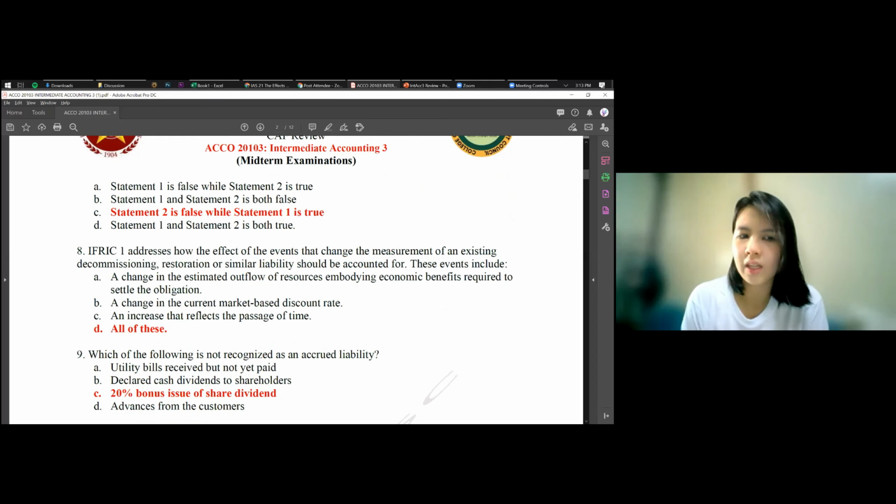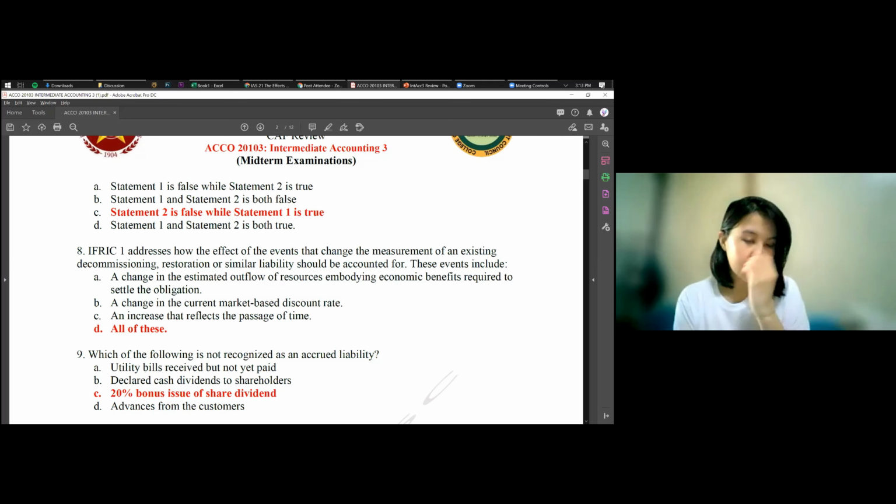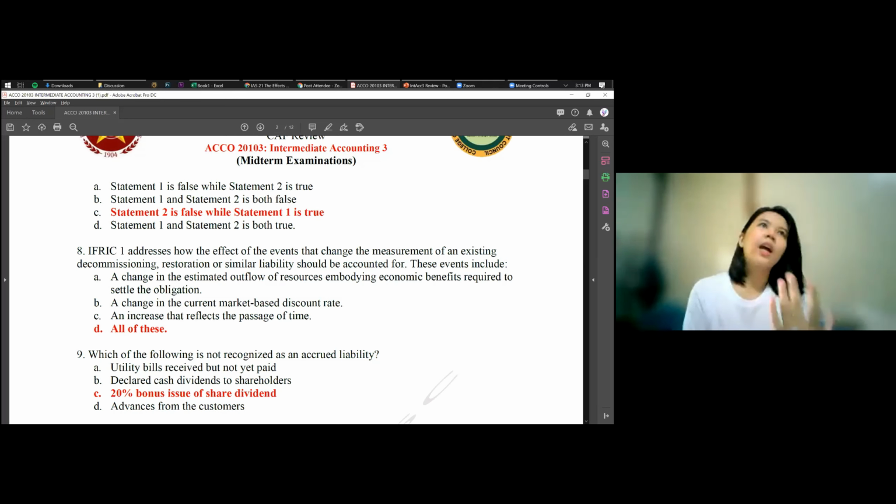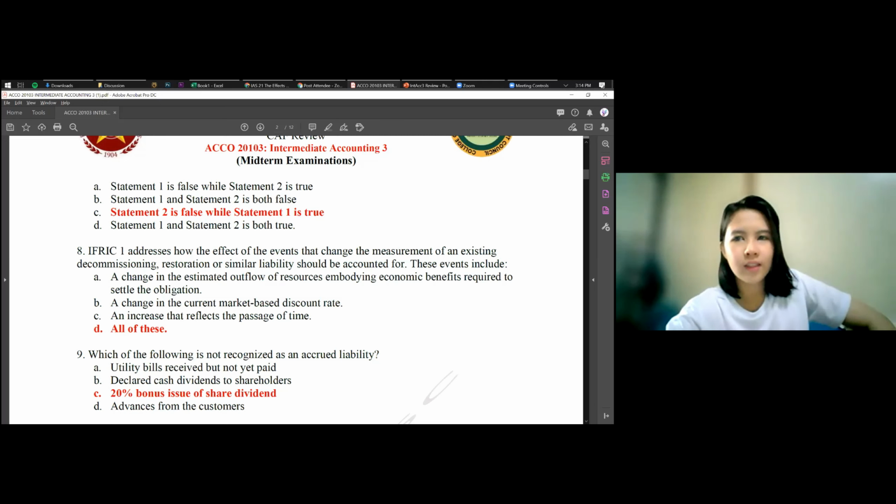So, I won't say that it is a liability. Advances from customers, somehow yes. Actually, to be exact, this is deferred revenue, right? So you can say that in substance it is a liability. Okay. So C is an obvious answer because it's an equity and not a liability.